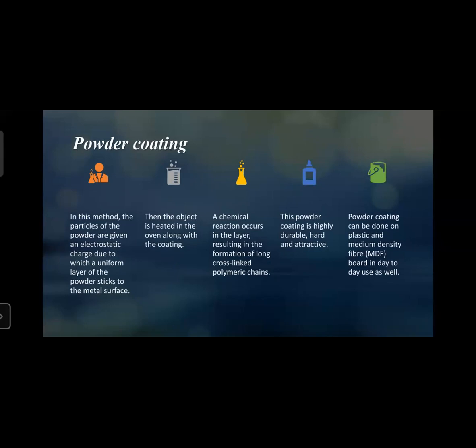Then the object is heated in the oven along with the coating. Now, a chemical reaction occurs in the layer, resulting in the formation of long cross-linked polymeric chains. This powder coating is highly durable, hard, and attractive.